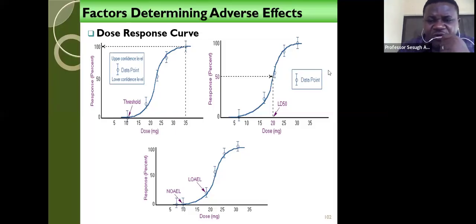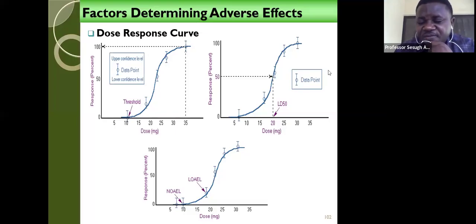Now, if you move to the next one, by the time 20 milligrams were administered, we got 50%. I'm going to explain something again. Don't just follow me.